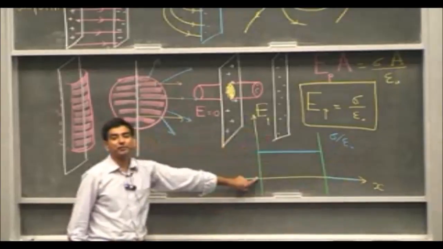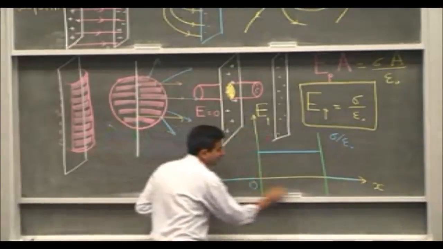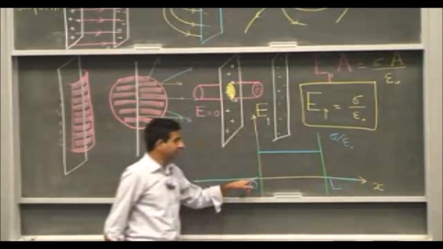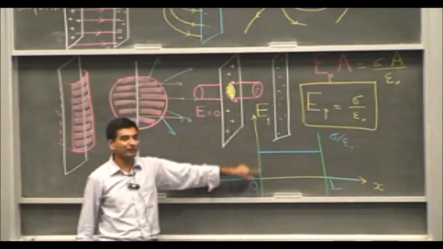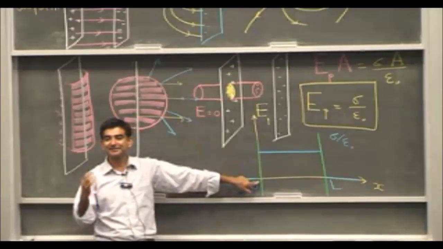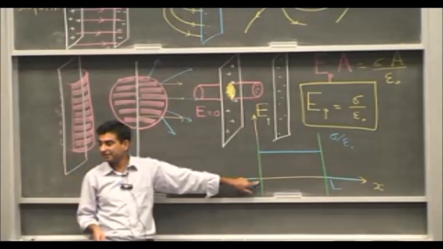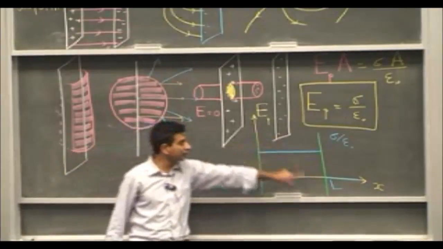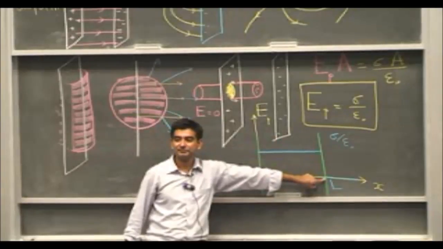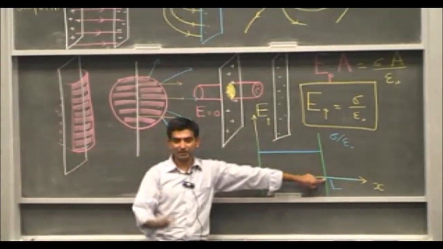So there is a discontinuity here. How much is the discontinuity? Sigma over epsilon naught, and that's just 1 over epsilon naught times the surface charge density on this plate. What's the discontinuity here? It's minus sigma over epsilon naught.